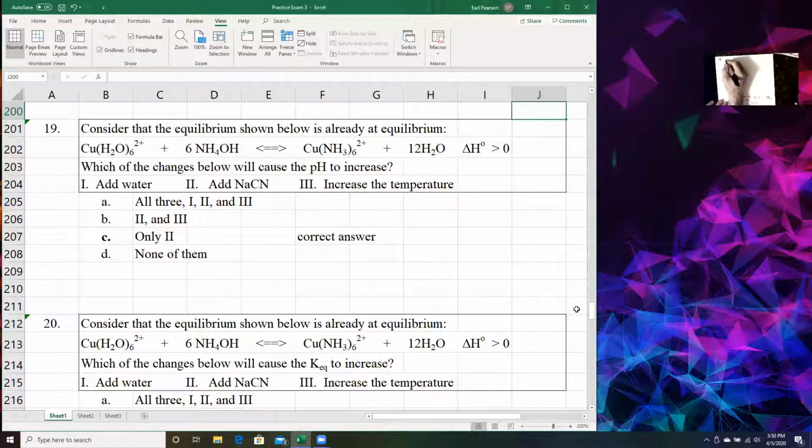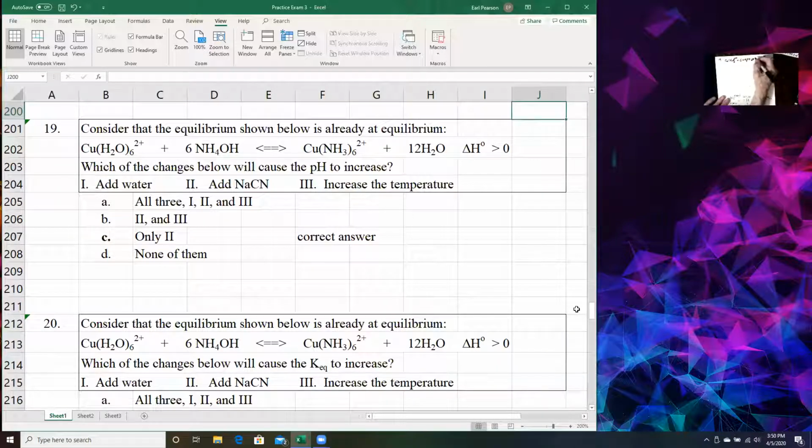So let me copy it over: Cu(H2O)6 2+ plus 6 NH4OH sets up an equilibrium of Cu(NH3)6 2+ plus 12 waters.